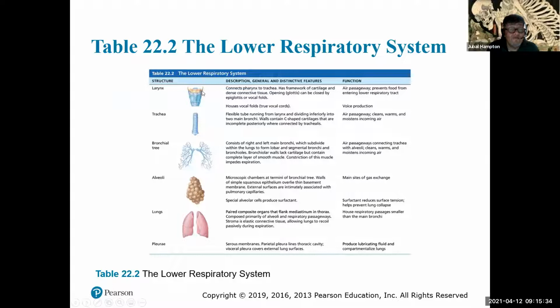All right, so these are the lower respiratory system. The larynx, here's that hyoid bone that I mentioned. This is the actual larynx here.